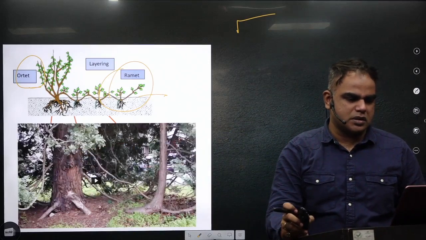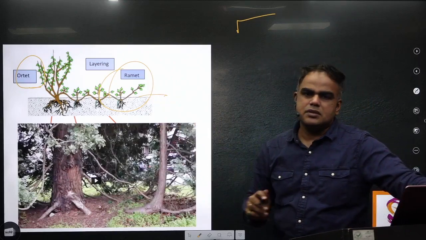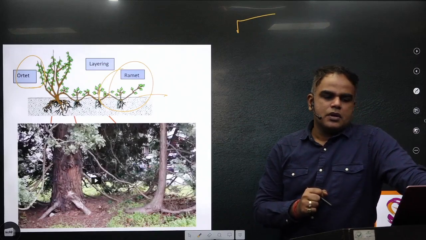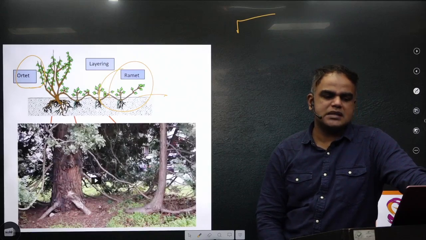Because we've understood the basics, just one line each we should know. You can write: ortet is the original plant from which a clone is derived.